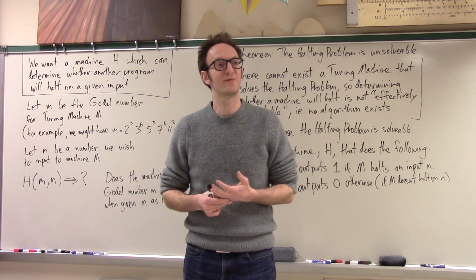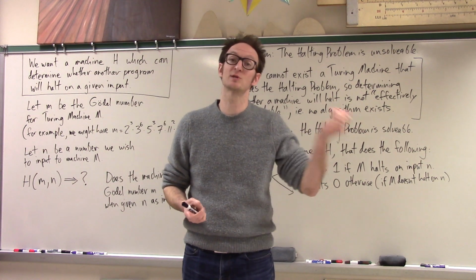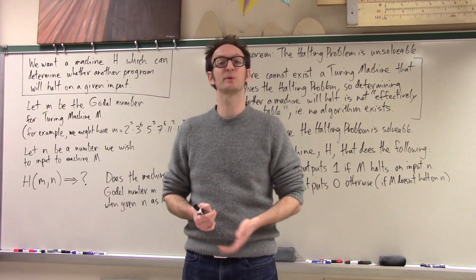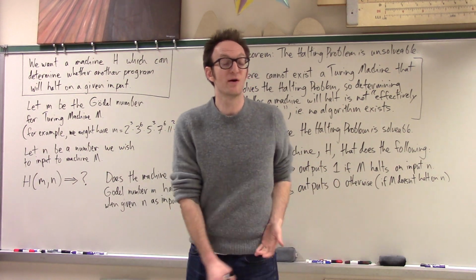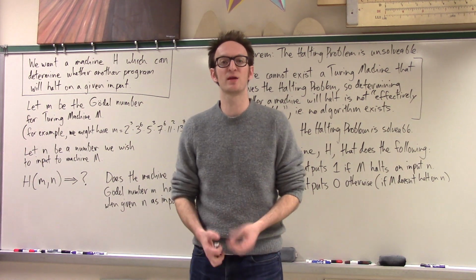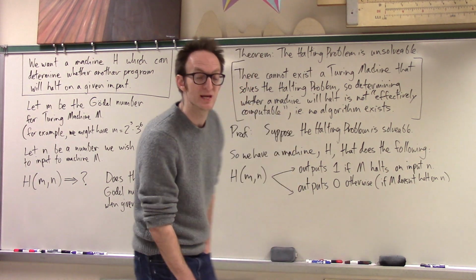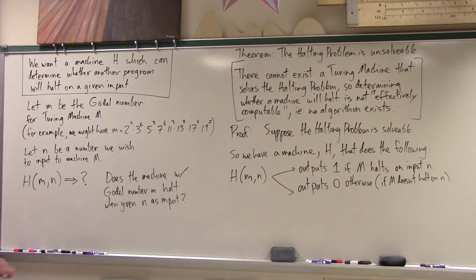So if every computable function has a Turing machine associated with it, and there are only a countable number of Turing machines, there are unfortunately an uncountable number of functions. And so some things just cannot be done via algorithm. The most famous thing that just cannot be done is solving the halting problem.